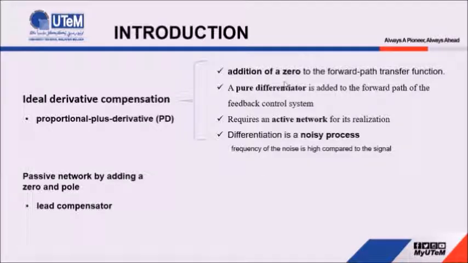In this case, a pure differentiator is added to the forward path of the feedback control. To implement this, we use an active network circuit. While for the other method, which is the lead compensator, to implement it we just use a passive network, that means it only consists of R, L, and C components.